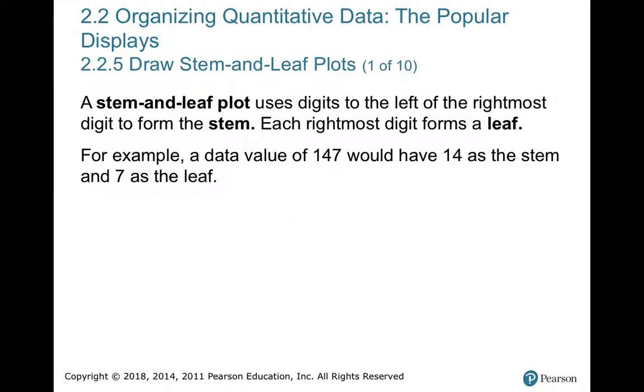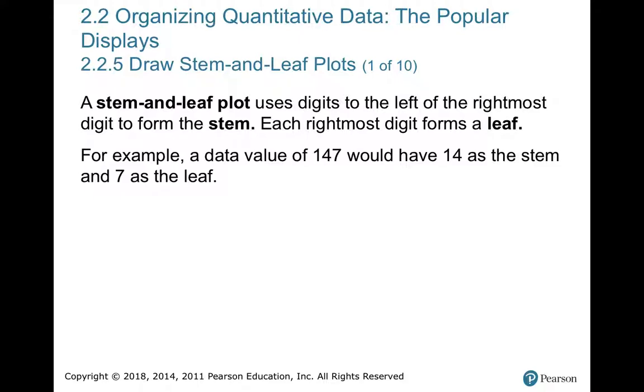So another way to display data is called a stem and leaf plot. We're going to use the digits to the left of the rightmost digit. That's kind of a weird thing to say. The digits to the left of the rightmost digit form the stem, and then each rightmost digit forms a leaf.